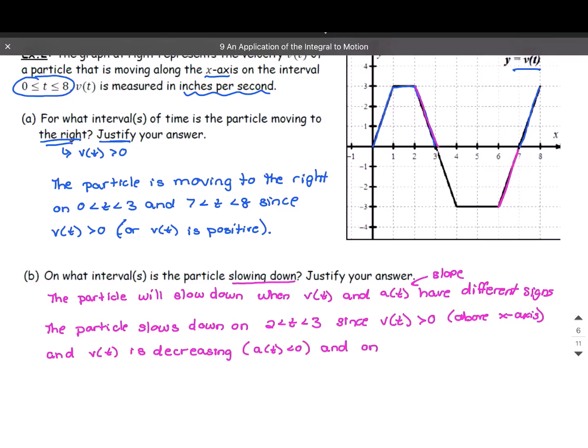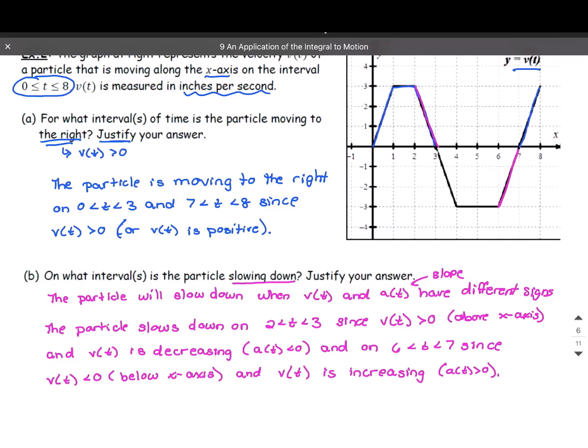And on the interval, where did we say? From 6 less than t less than 7, since this time the velocity was negative because it's below the x-axis, and velocity is increasing, which means that the acceleration is positive.